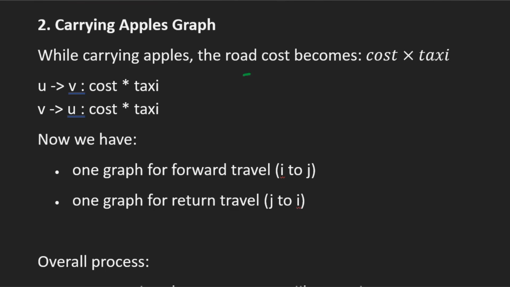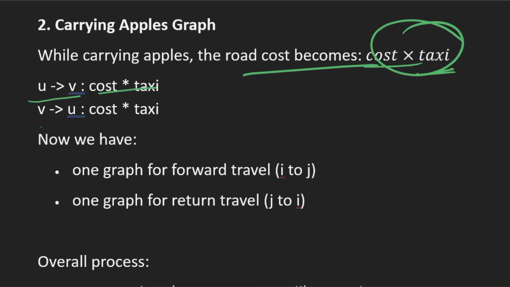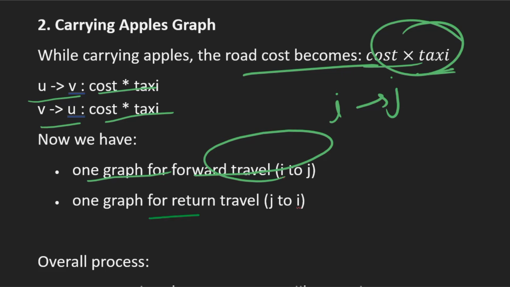While carrying apples, the road cost will become cost into tax. So the edge weight of u to v is cost into tax. Similarly, v to u is cost into tax. So now we have two graphs, one for forward travel, that is from i to j, and one for return or backward travel, we can say j to i, right?